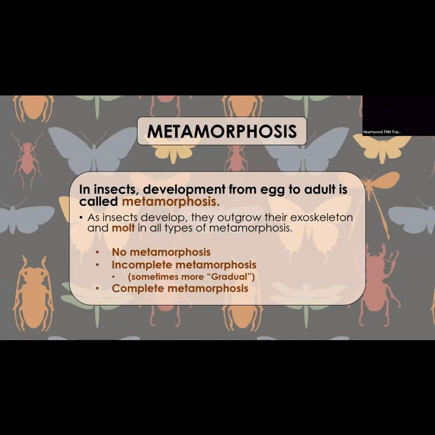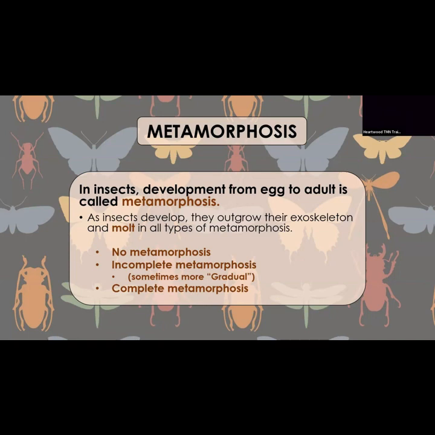So, different types of metamorphosis. We'll start this one with y'all here. Don't worry, I've got plenty. Right now I'm passing around one that shows all three kinds, and then we've got a dragonfly and a grasshopper going around.